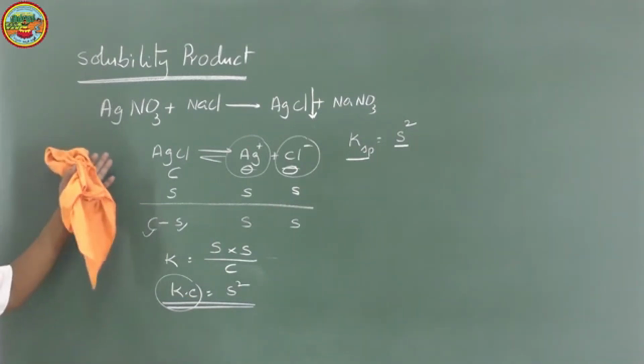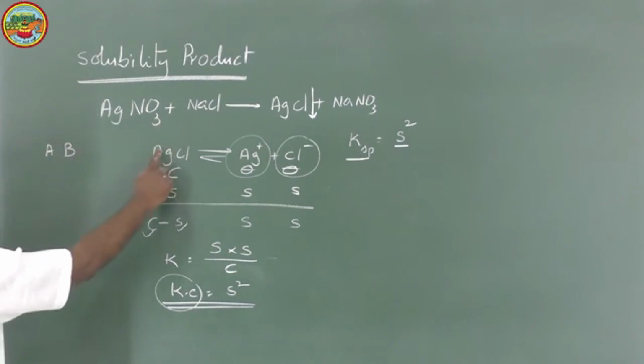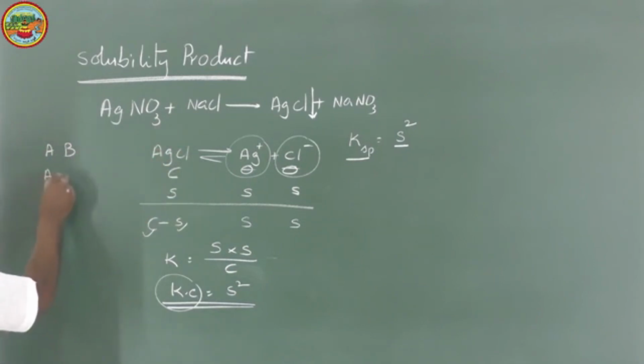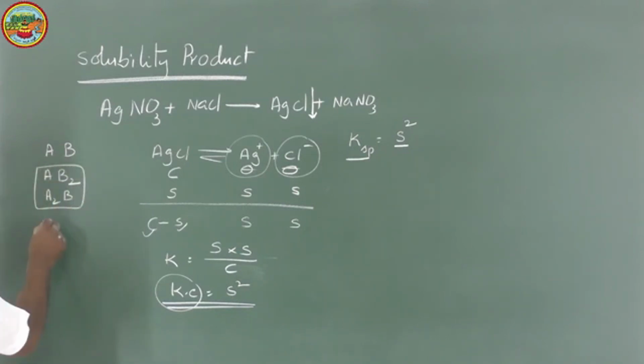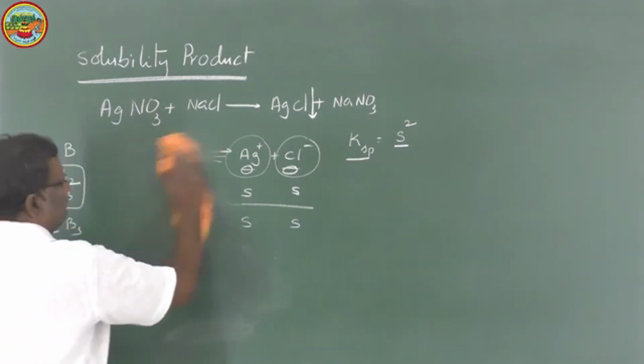There are so many types of salts we have. They can be classified as AB type, which has one anion and one cation. The second category is AB2 type or A2B type. The third category, an important one, is A2B3. Like that, we will have different types of salts. I'll give you some examples.